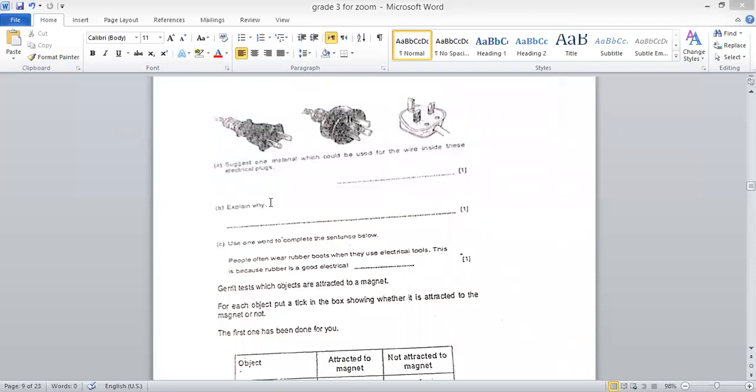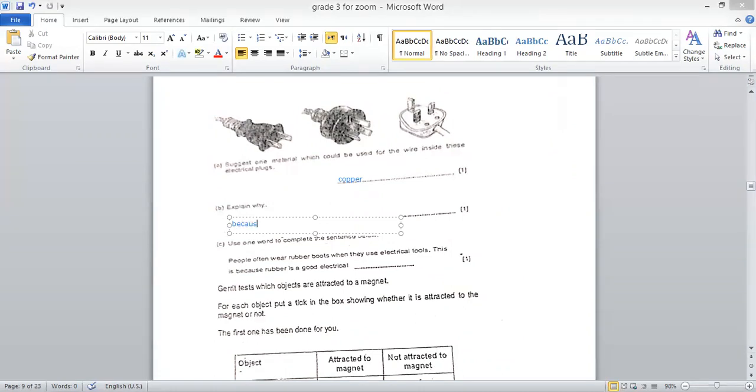Suggest one material which could be used for the wire inside these electrical plugs. What type of material do we use to make wires? Copper. Explain why. Because copper is an electrical conductor, or because copper is a good conductor of electricity.